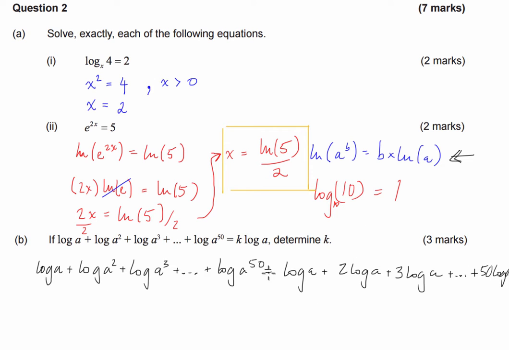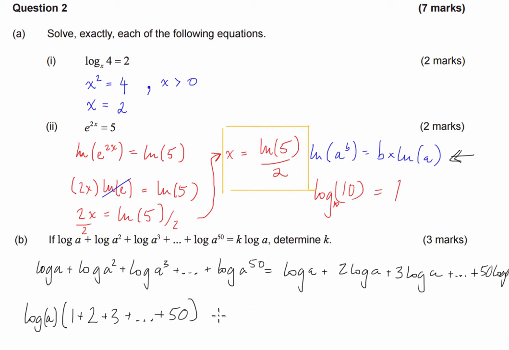So what we have here is we could, if you want to, factorize this by log of a. We've got 1 plus 2 plus 3 plus dot dot dot plus 50 inside the brackets. Now here we have an arithmetic sequence.